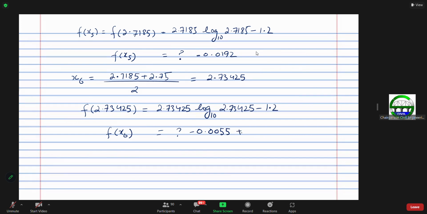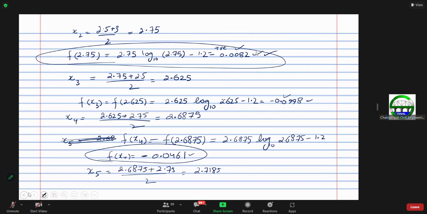Okay, this input is negative, right? It is negative. So we will say the previous positive value lies in here. Our value is lying between, it is negative, and our previous positive value is in here again.